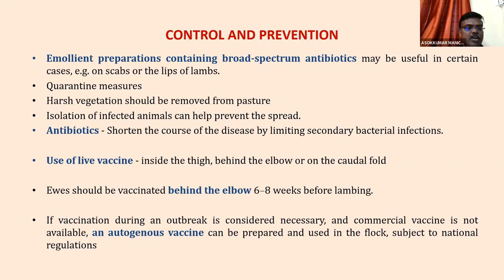Otherwise, the segregation, or whenever we procure animals from exotic places like other countries in view of improving our breeding policy, that animal has to be quarantined. Then harsh vegetation should be removed from the paddock, because if you remove it, you can reduce the incidence of lacerated wounds and the possibility of creating lacerated wounds on animals. Then isolation of infected animals can prevent the spread.